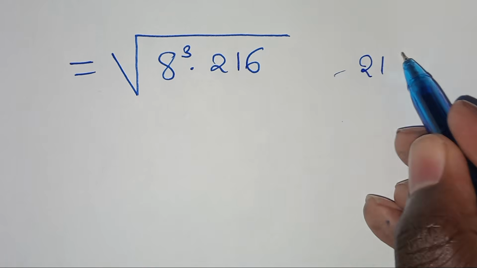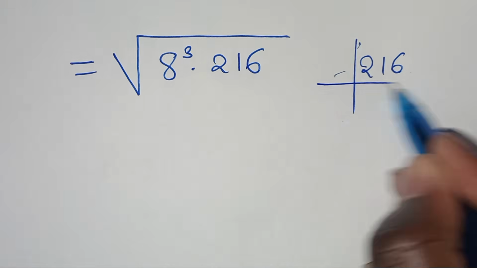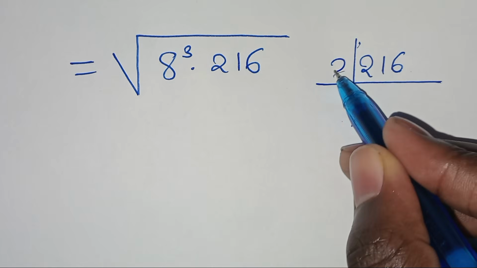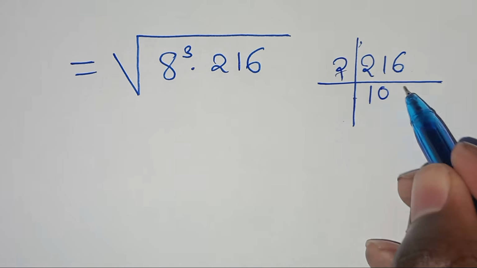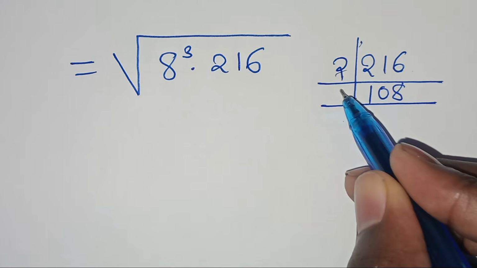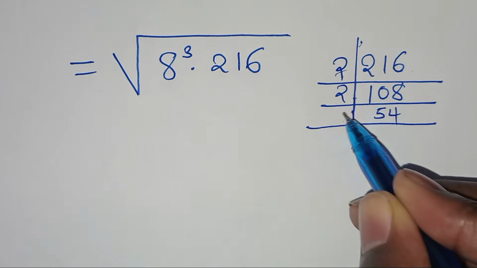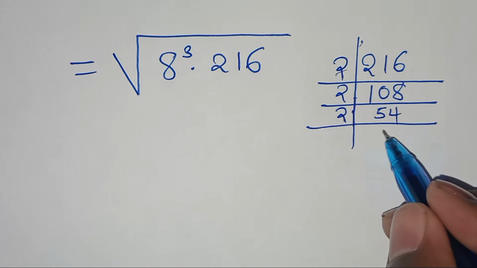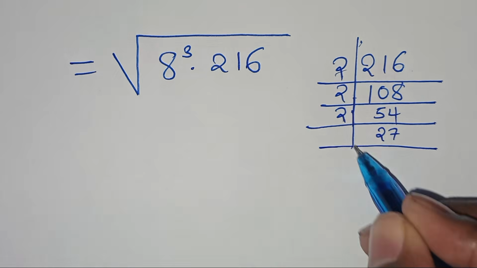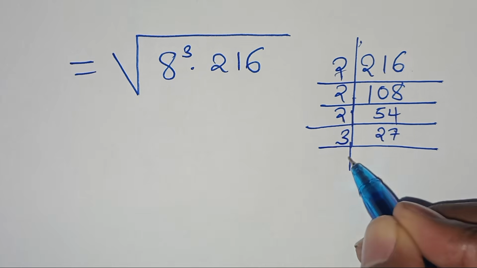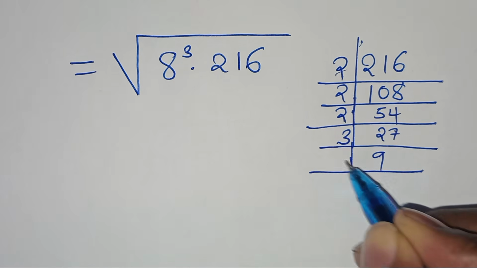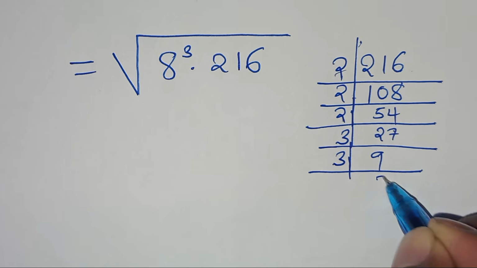So this is 216, which we can express as 216 divided by 2 here. This is 108. 108 divided by 2, this is 54. 54 divided by 2, this is 27. Now 27 divided by 3, this is 9. 9 divided by 3, this is 3.